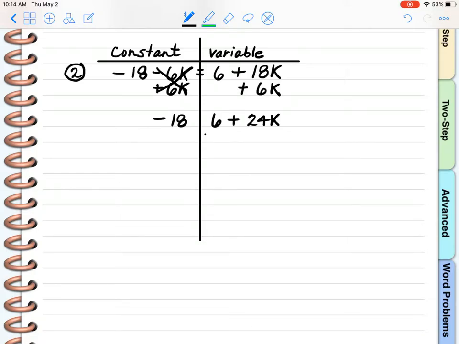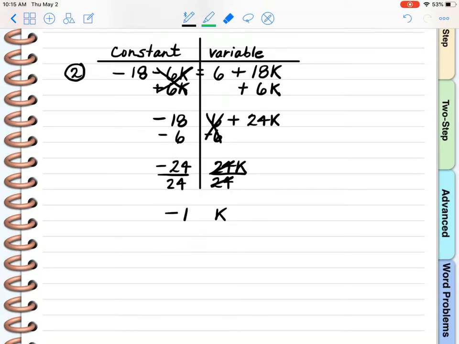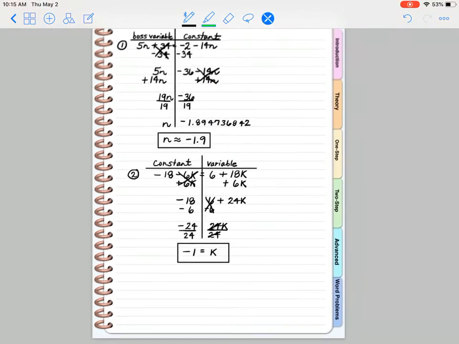And then I need to move the minus 6. So this is negative 24. So I'm going to divide both sides by the coefficient. k is negative 1. Okay, so there's 1 and 2.